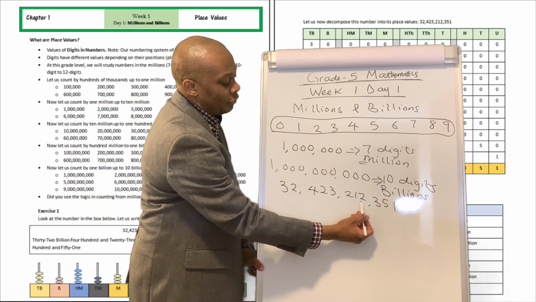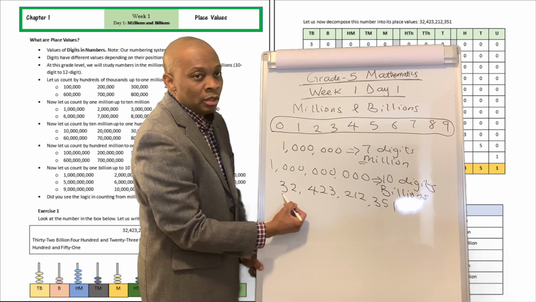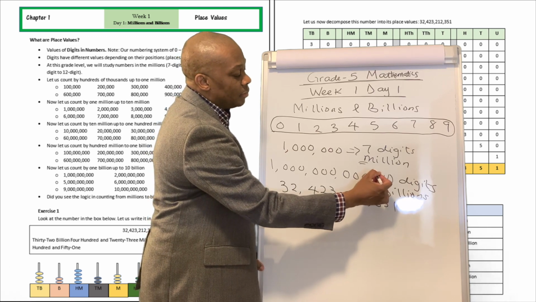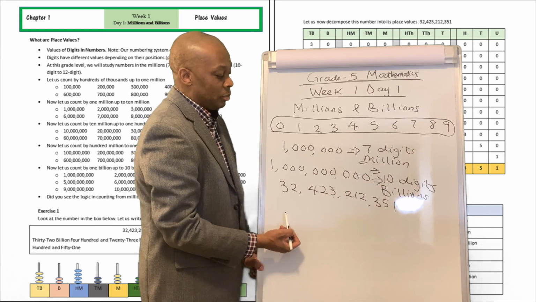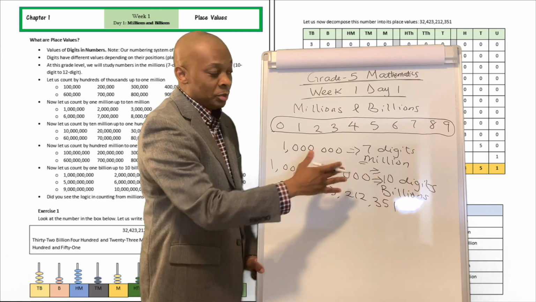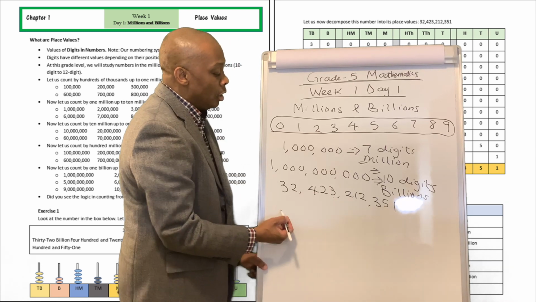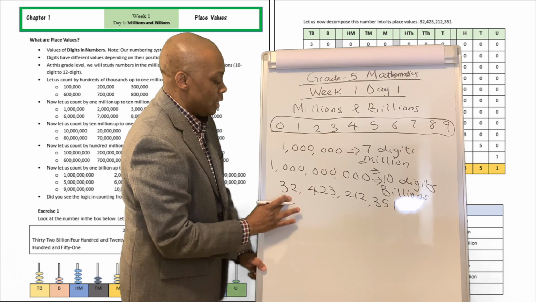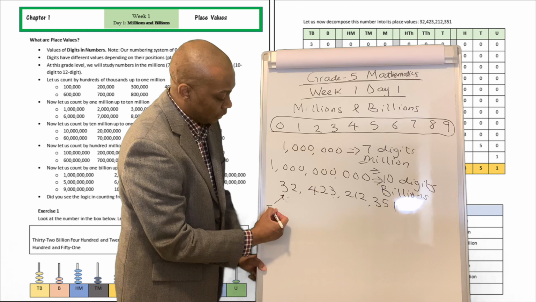All right. So let's look at how many digits we have in here. 1, 2, 3, 4, 5, 6, 7, 8, 9, 10, 11. Well, that's going to be greater than 10 digits. So anything that's greater than or equal to 10 digits, but less than 13 digits will be in the billions category. So this is definitely in the billions category right now. So what you're going to say is this is going to be in the tens of billions.